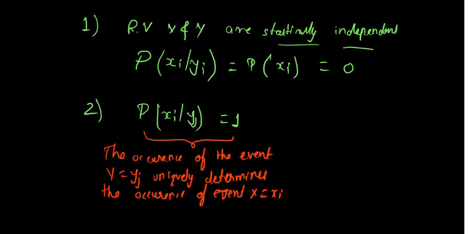It means that given yj has already happened, the probability of having xi, that is the probability of event xi, will be 1.